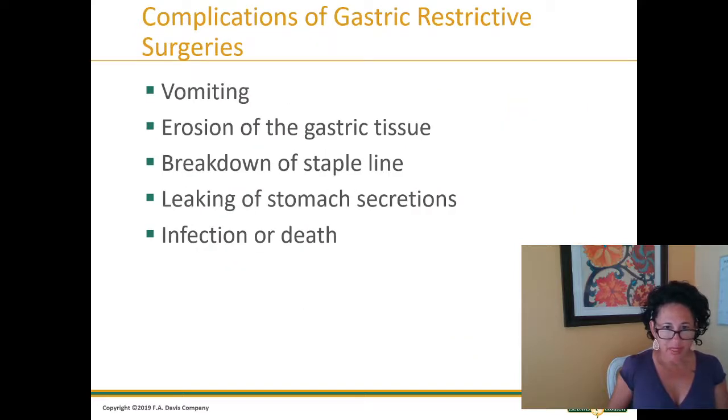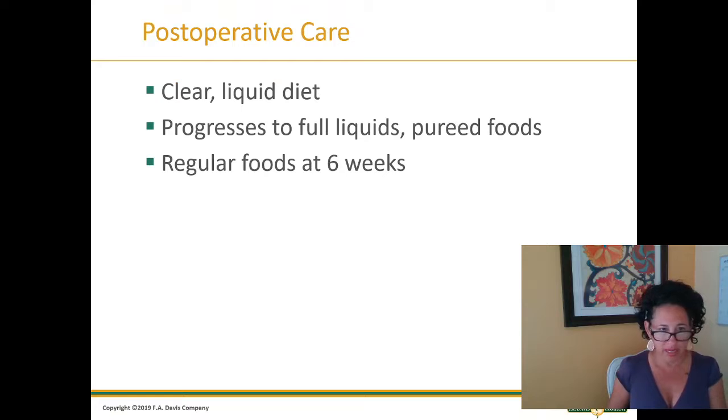So, some complications: vomiting, erosion of the gastric tissue, breakdown of staple line, leaking of stomach secretions, infection, and or death. Absolutely happens. It's not very uncommon, right? So make sure that you familiarize yourself with that.